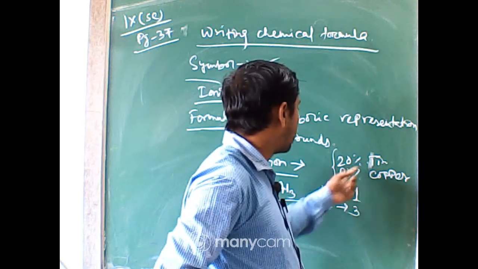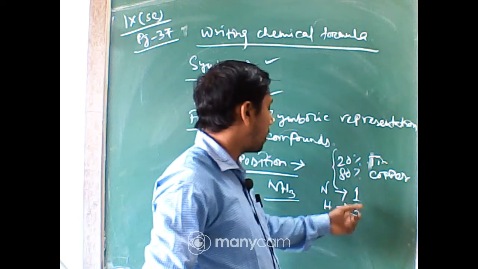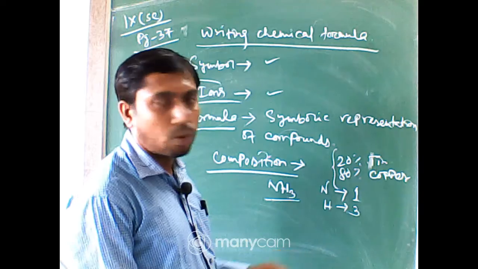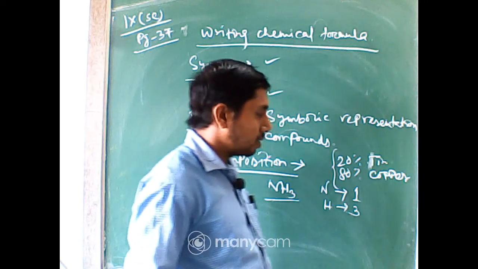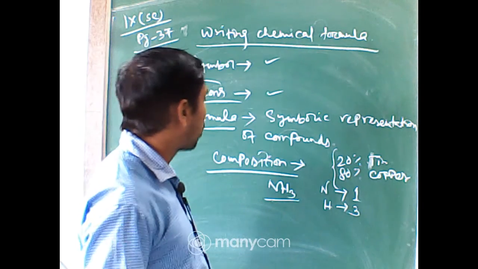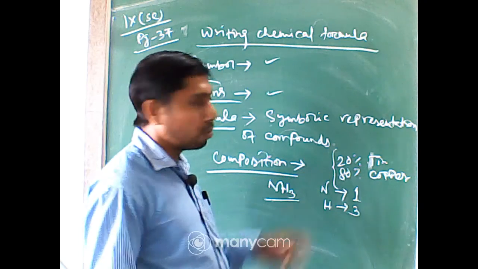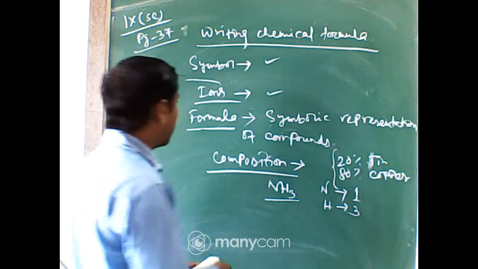Here it is represented in percentage terms. For elements in a compound, it can be represented in percentage terms too, but as the atoms are whole numbers, it may also be represented by numbers. Okay. So, this is called the symbolic representation of the composition of any compound. This is the definition of the formula.